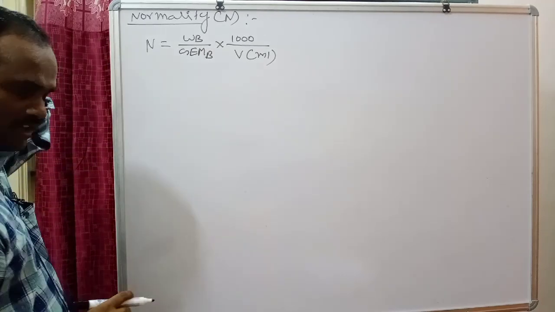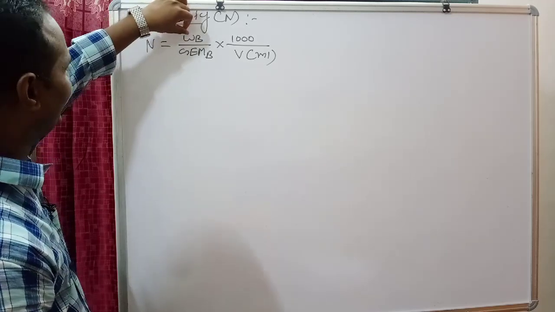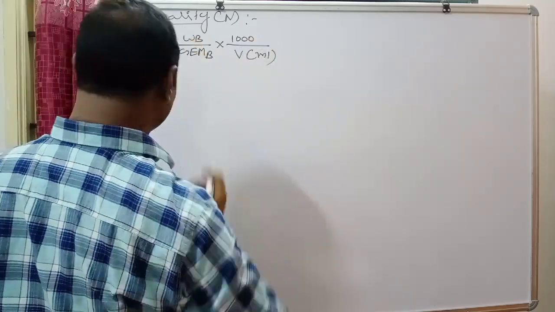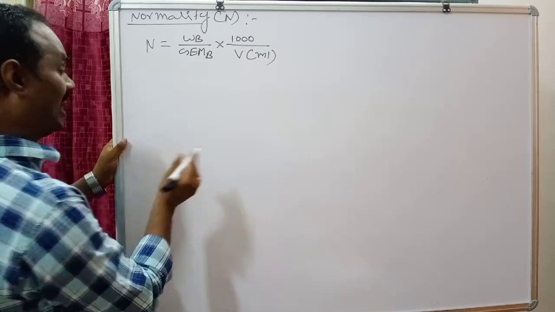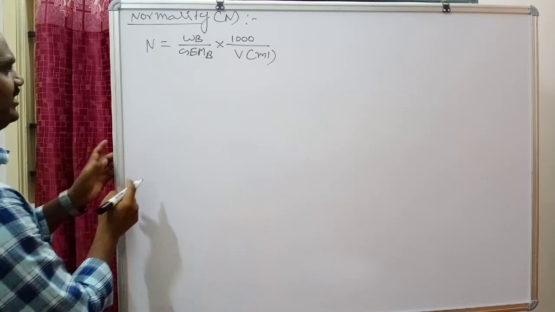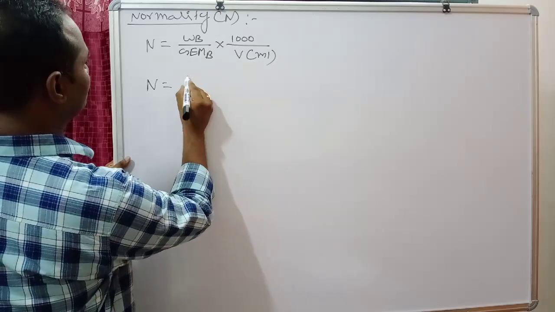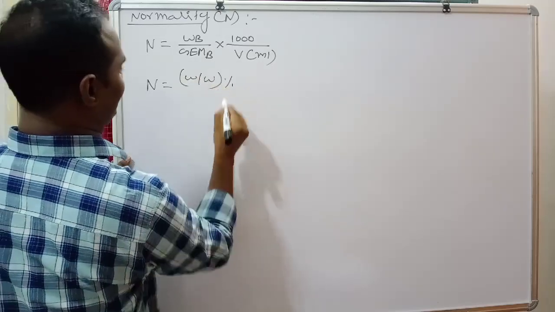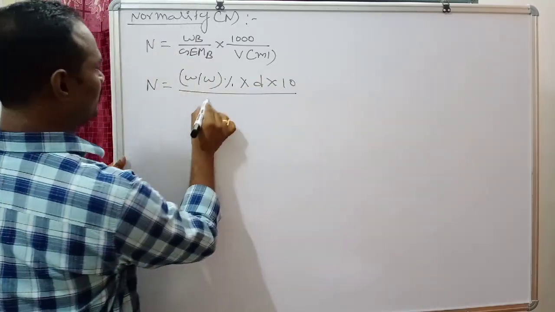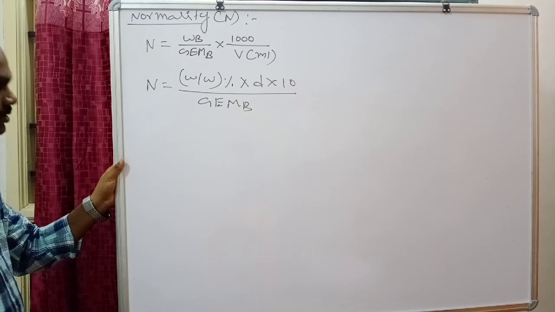Some other formulas for normality you have to see, sir. This is the basic formula: normality is equal to mass of solute by its gram equivalent mass into 1000 by volume in milliliter. Now if density is given, already we derived the molarity and density relation, so no need to derive here. Same will come: normality is equal to mass percentage into density into 10 by gram equivalent mass of solute.